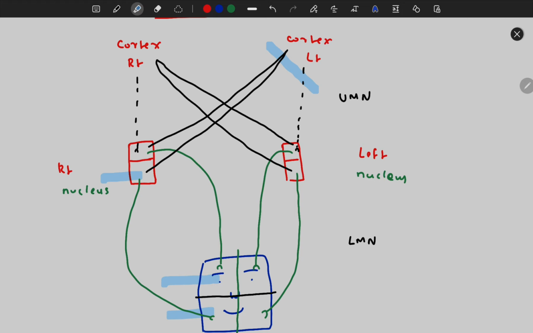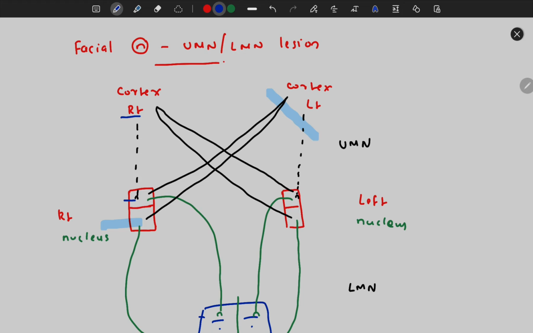So the upper part of the face will not be affected, and only the lower part of the face will be affected. This is happening because the right cortex is giving innervation to the upper part of the right nucleus of the same side. That is why this is normal.